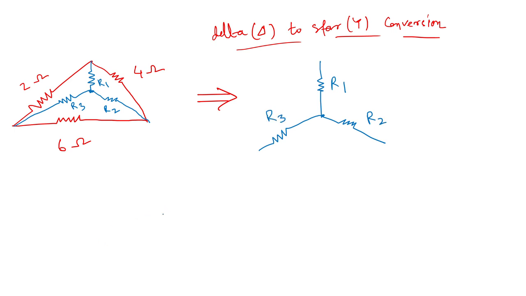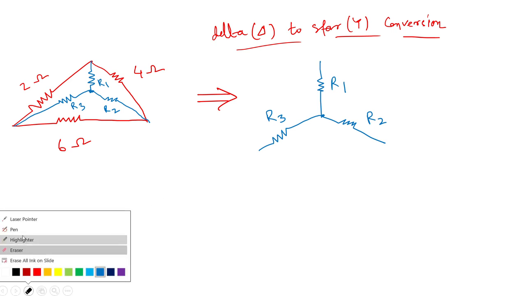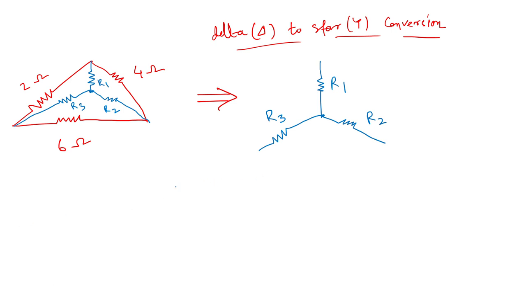Okay, that means how can we find it out? Simple. There is a trick. Suppose here I need to write R1, here R2, and here R3.